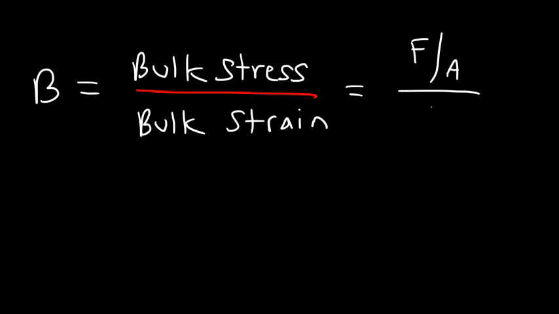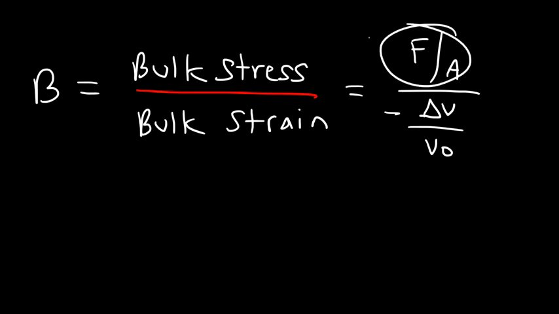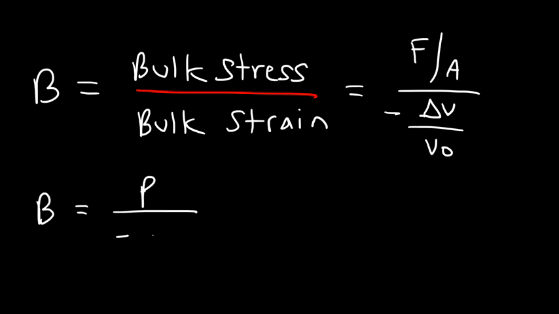And the strain is the change in volume divided by the original volume. Now this is going to be negative. Delta V has to be negative because it decreases. So we can replace this with P. So the bulk modulus is equal to the pressure divided by the fractional change in volume.